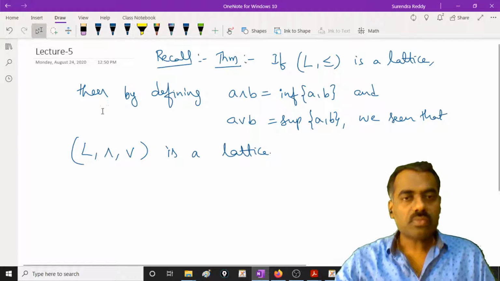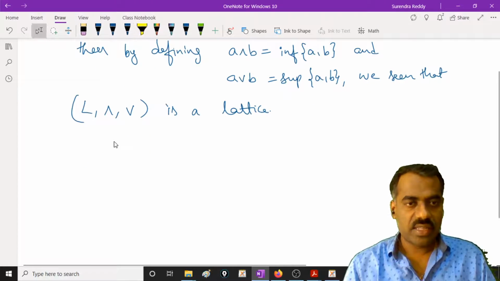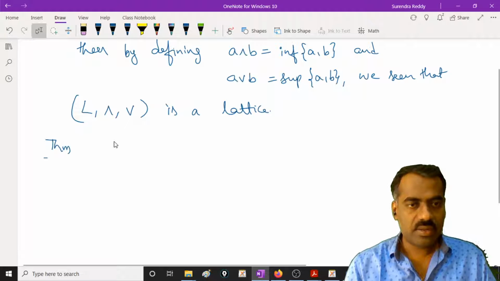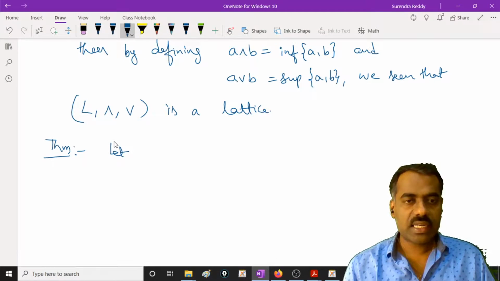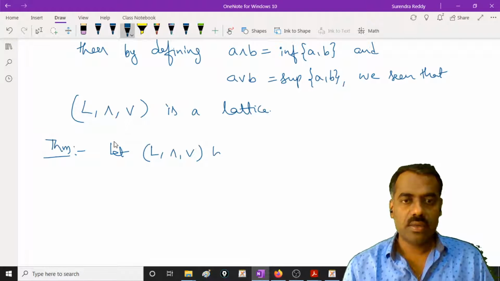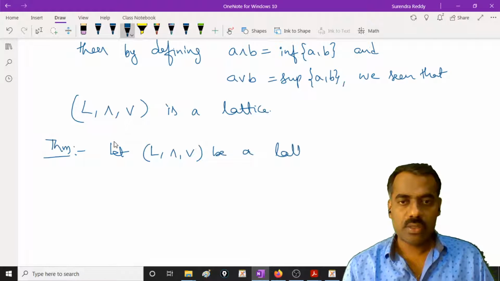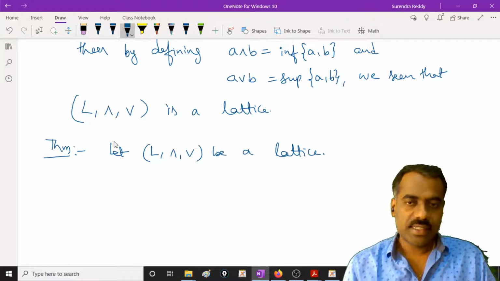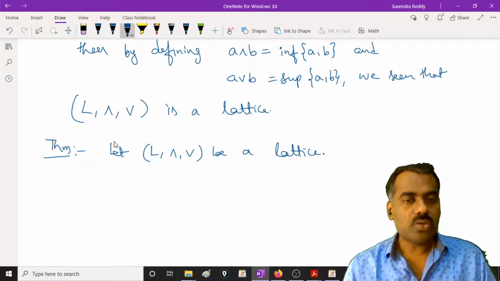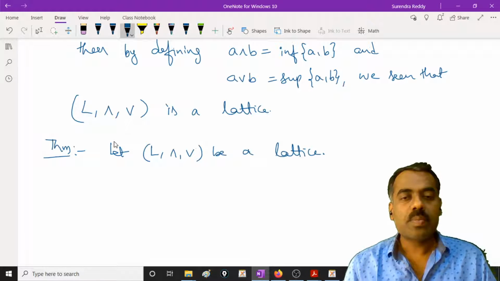Now we go the other way. Half of the proof we have already seen. So start with an algebra. That means let L with meet and join be a lattice as an algebra. Can we get a lattice as a poset? To get a poset, we need a partial ordering.